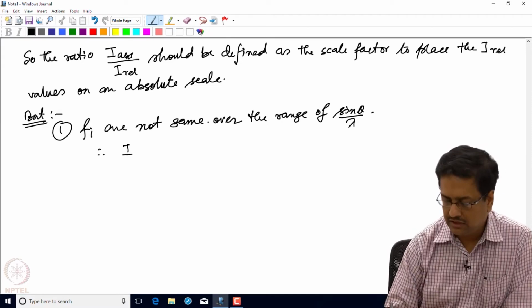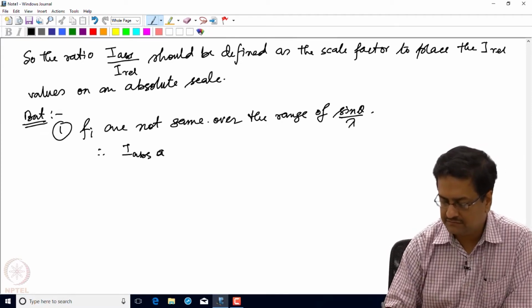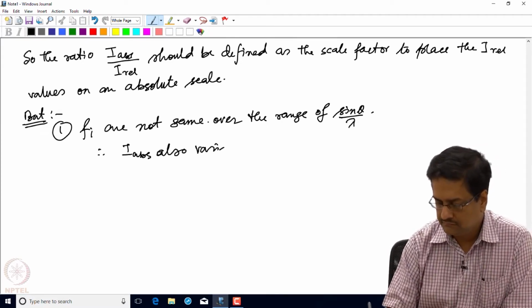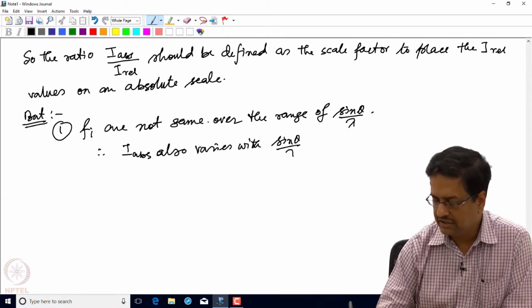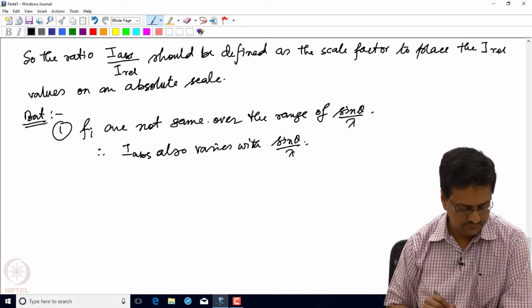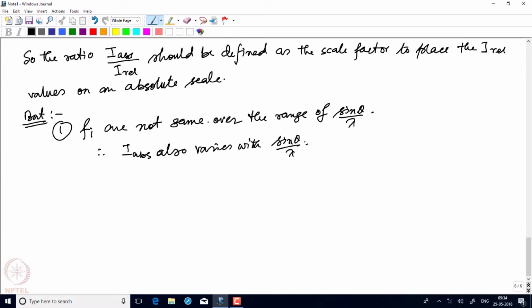So I ABS also varies with sin theta by lambda. This effect, which is coming here because of the value of f being not constant over the entire range of sin theta by lambda, it being changing with sin theta by lambda, I ABS also varies with sin theta by lambda.